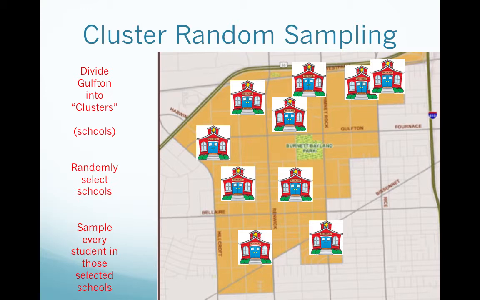After the 20 schools or clusters are selected randomly, then Baylor will select every student at all 20 schools for participation in the study, perhaps by sending home information about the study to all of those students, which the school administrators might distribute in a way that logically fits in with each individual school's operation.